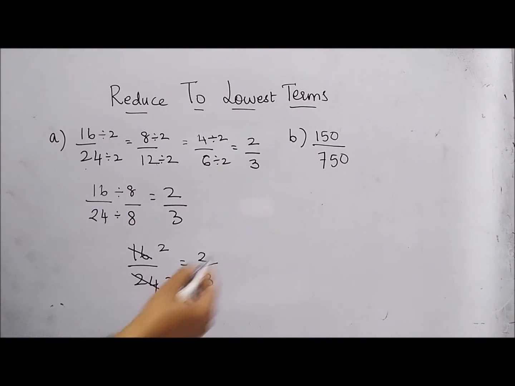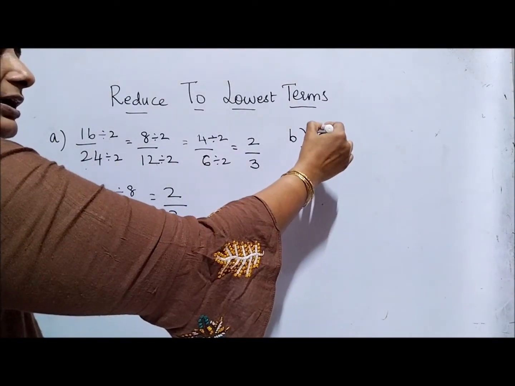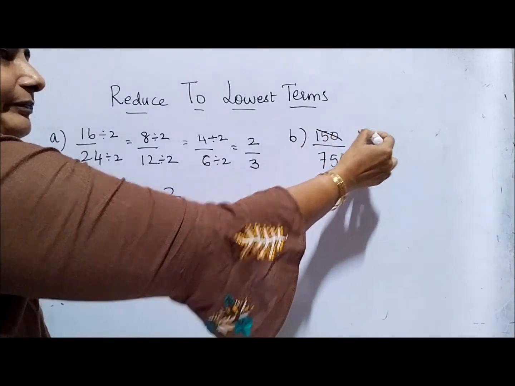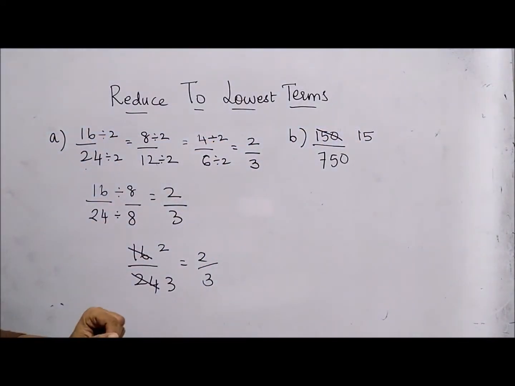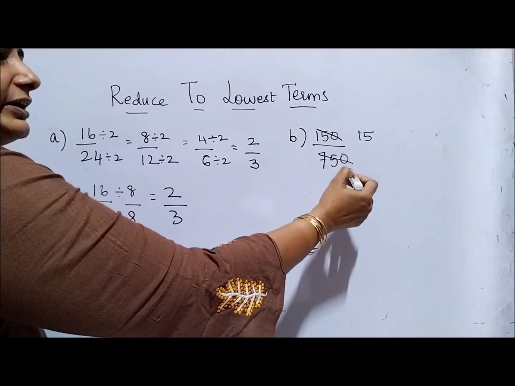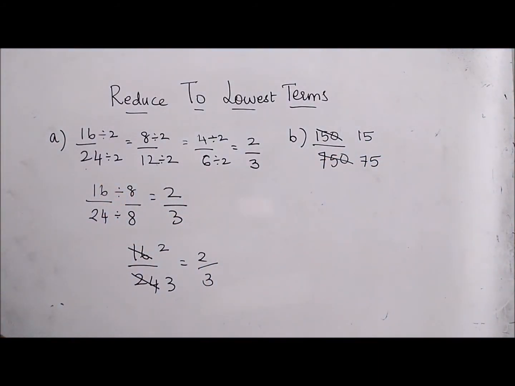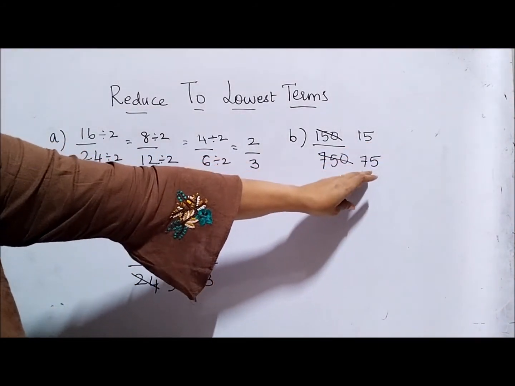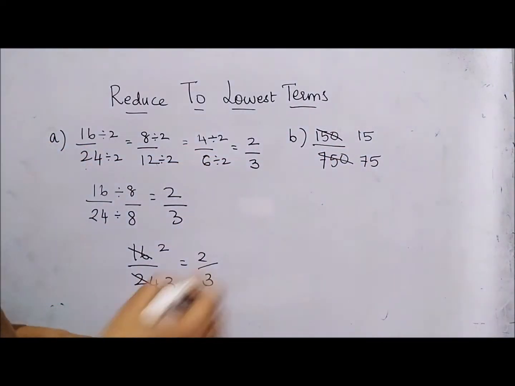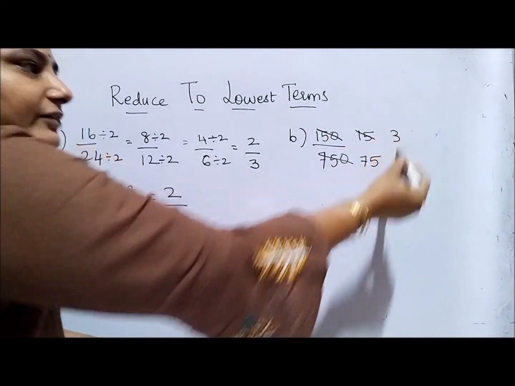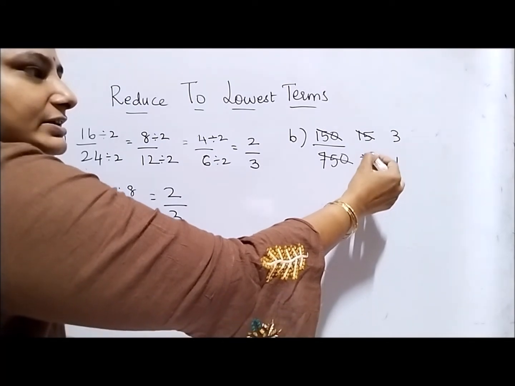Here, 150 by 750. Both end with 0. So let me divide by 10. 150 by 10 is 15. Then 750 divided by 10 is 75. Now both, if you don't remember 15 tables, you start with 5. 5 3s are 15. 5 1s are 5.